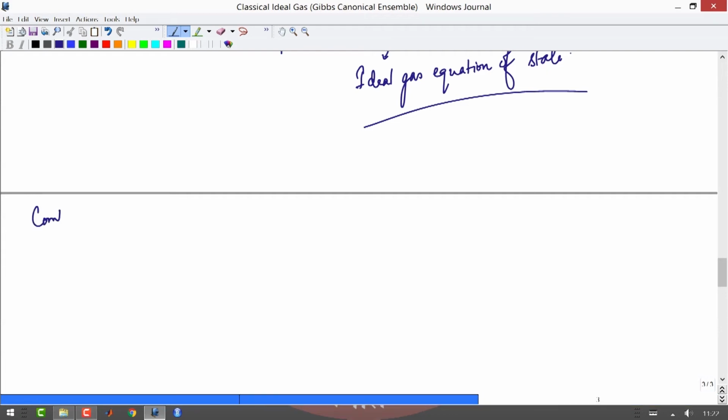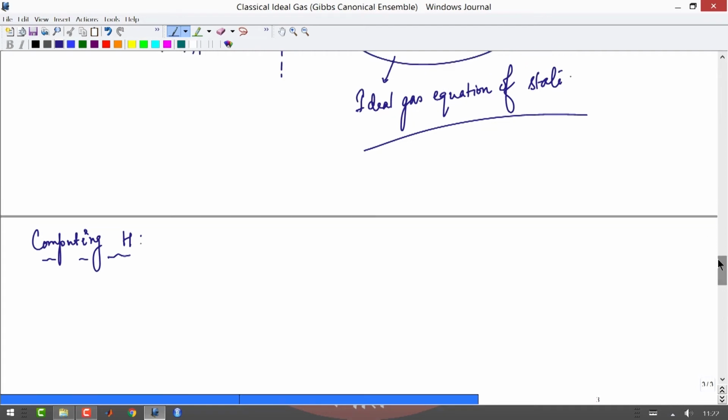So, the thermodynamic enthalpy. This is a task that can be done by computing the average of the instantaneous enthalpy. So, you sum over all the microstates.